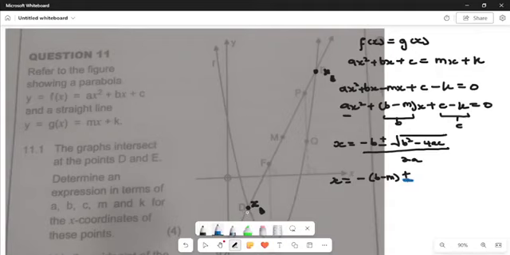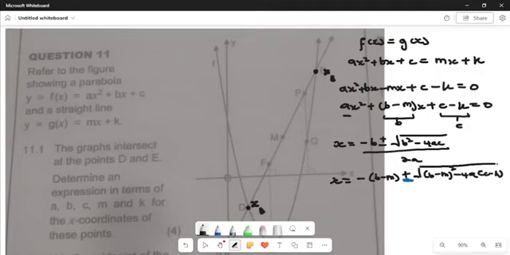However, both x values will be positive if we had whole numbers instead of a, b, and m, because both our x values are to the right of the y-axis. And then our discriminant will still have b minus m all squared, then minus 4, our a, it's a, then our c, it's c minus k.